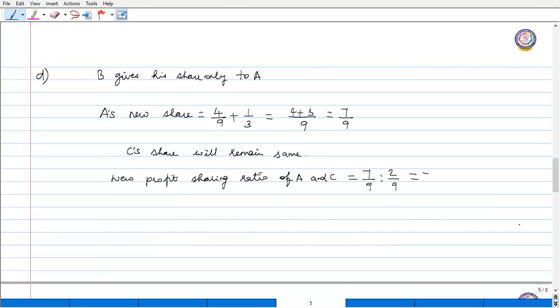So 7:2 is the new profit sharing ratio of A and C. So this is how we have to determine the new profit sharing ratio and gaining ratio of the existing partners on a partner's retirement. Thank you.